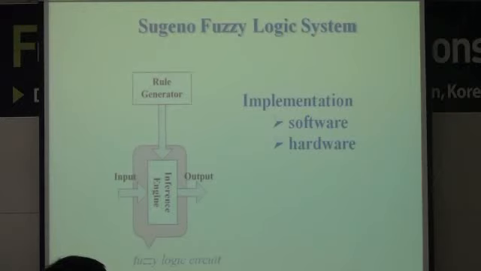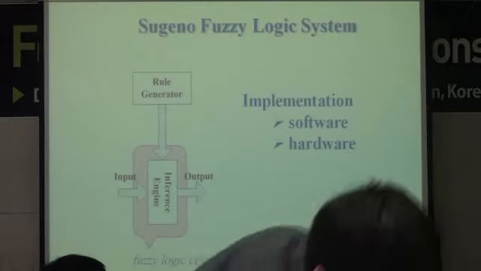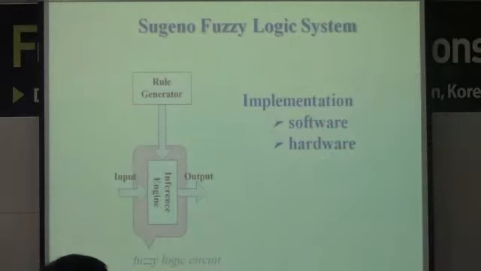We write some rules and then translate them into a program, and this program is run by the computer. Another implementation may be hardware implementation, and I will again mention the bottlenecks of these two types of implementation.